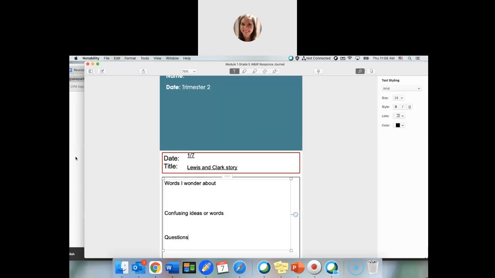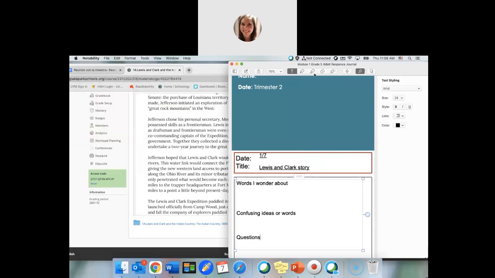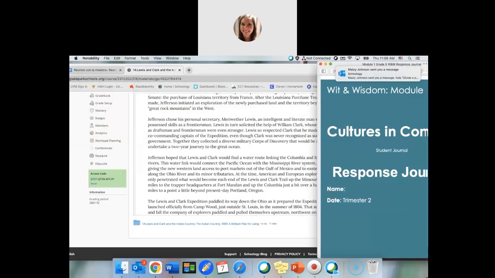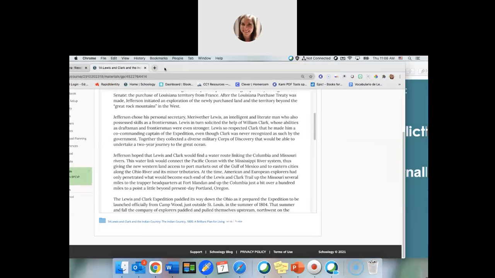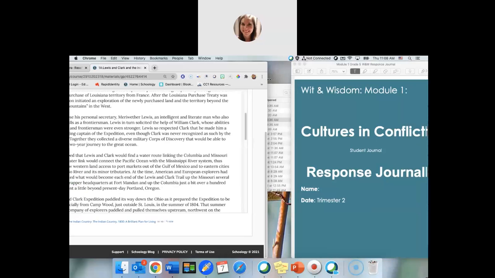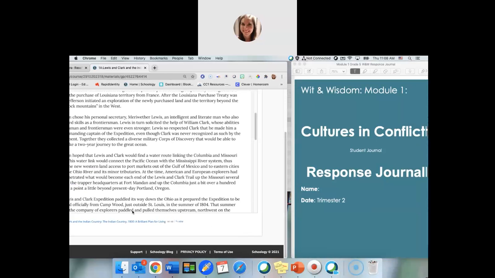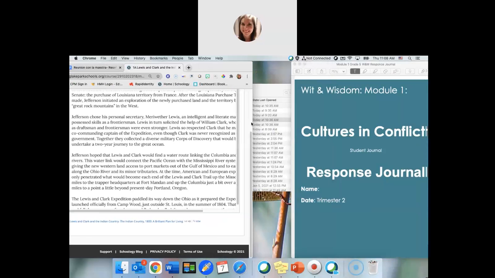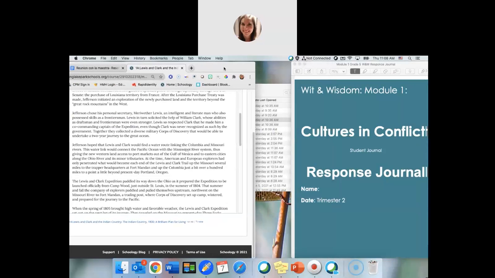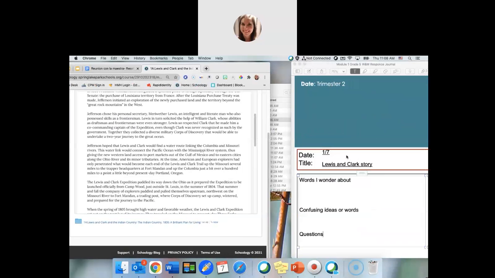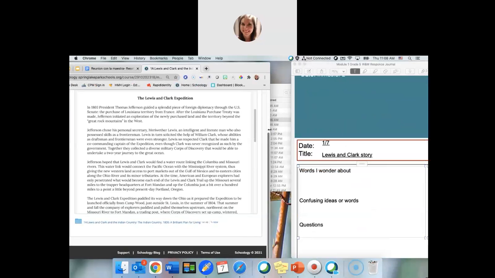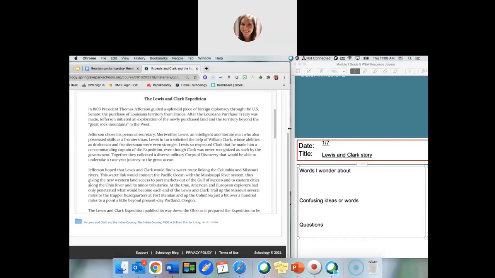So we have to send the response journal to Notability, to write in it. Okay, I'm doing it. I'll move this here so that we can see both.